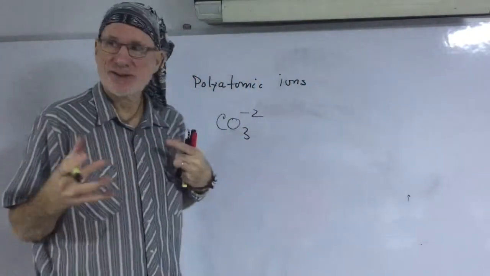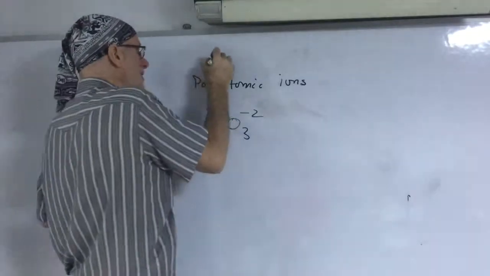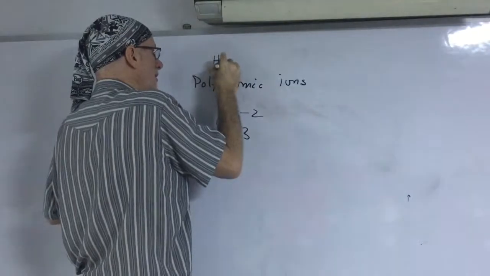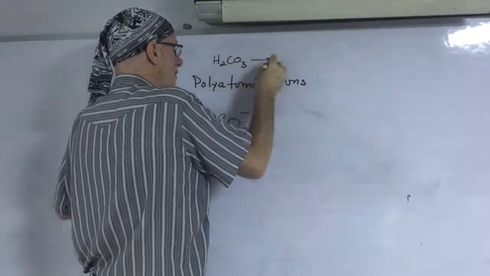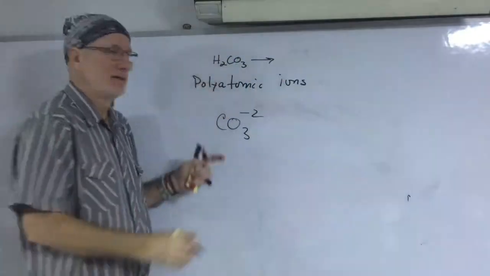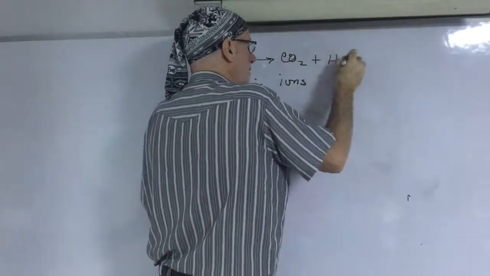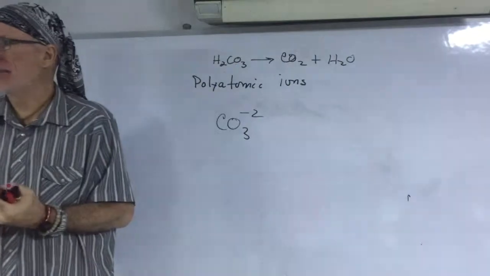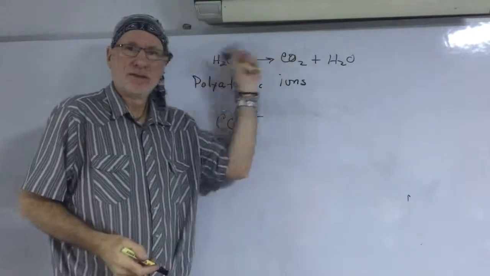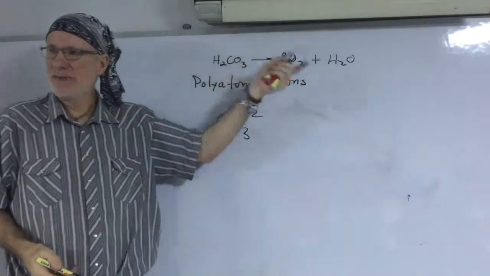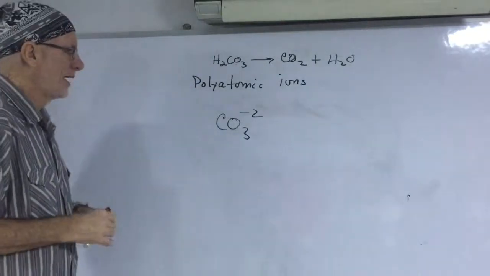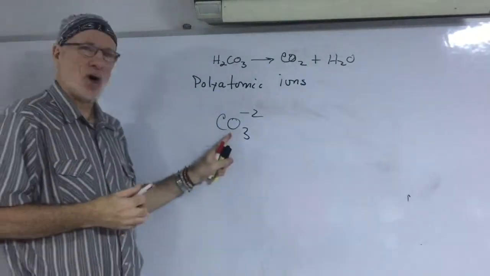So you know this, and it's going to be carbonic acid, carbon dioxide and water. That's what happens. It's a little more complicated than that, but that's about it. Yeah? It's easy. Okay, so that's carbonate.